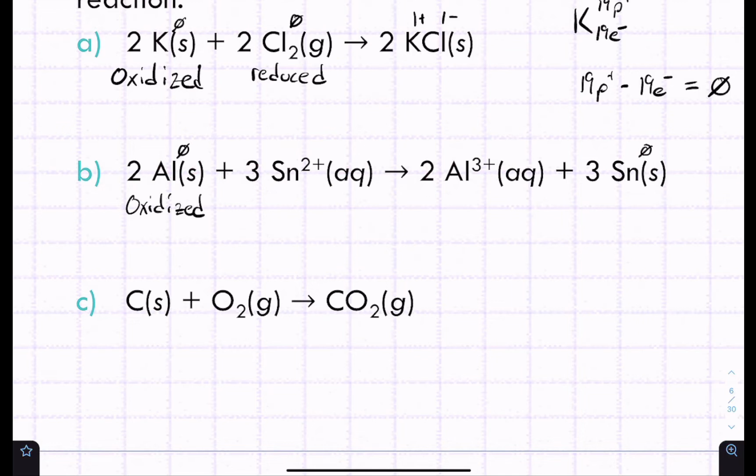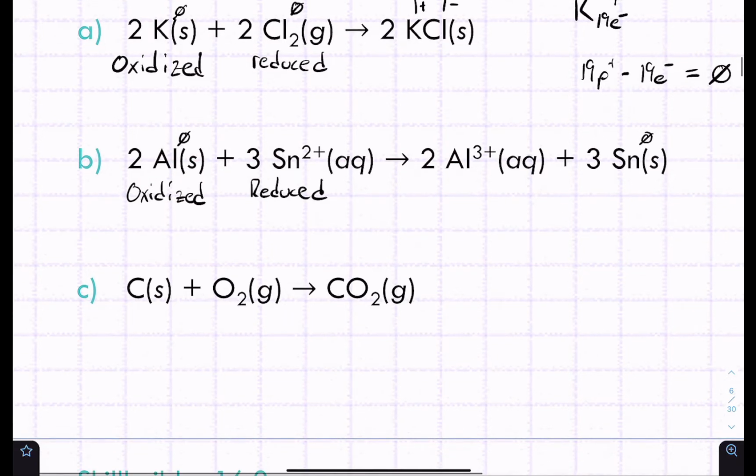Tin, because each of the 3 tin atoms is gaining 2 electrons. So we have 2 aluminums that lose 3 electrons each, for a total of 6 electrons lost, and 3 tin atoms which each gain 2, so they're gaining 6 total. A balanced swap of electrons.